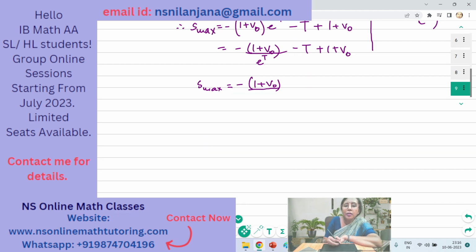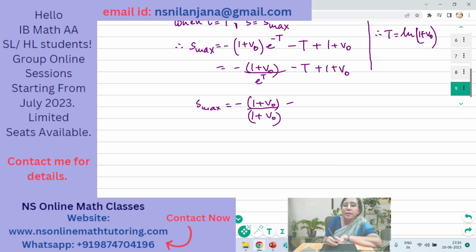So in place of e to the power of capital T, we will be writing 1 plus V0. And in place of capital T, we will be writing ln of 1 plus V0.